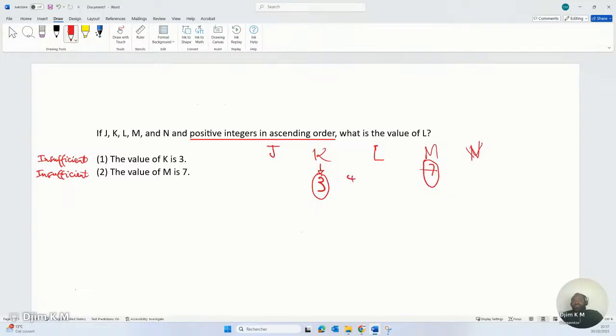So we have 4, 5, 6 as possible integer values of L. Even when we combine, we still cannot determine it.